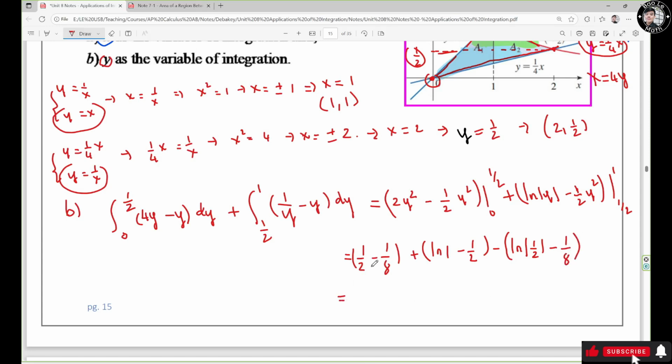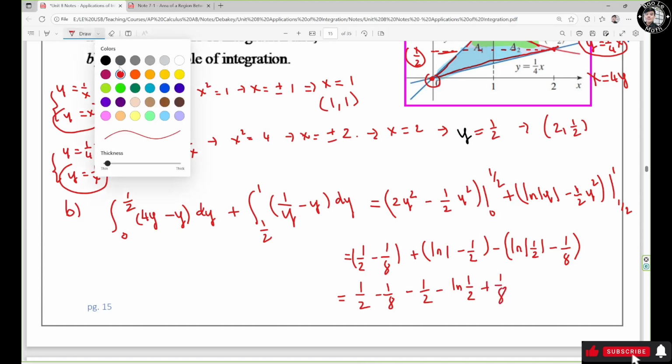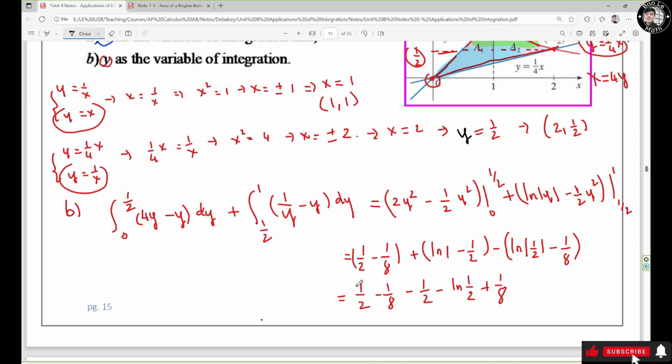Now I'm going to distribute, so it's going to be 1 over 2 minus 1 over 8. The natural log of 1 equals 0, right? So it's going to be negative 1 over 2 minus the natural log of 1 over 2 plus 1 over 8, right? This cancels out, this cancels out. It's going to be negative the natural log of 1 over 2.